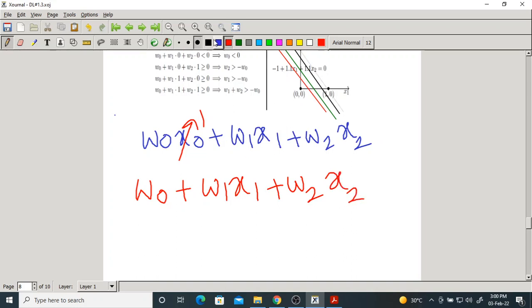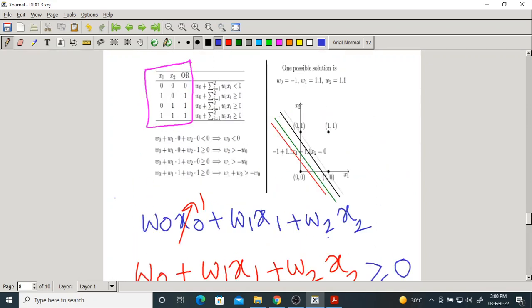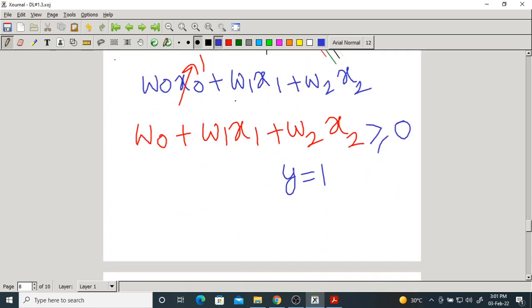If it is greater than or equal to 0, the output is 1. If it is less than 0, the output is 0. Now here, if the input is 0 0, what is the output? 0.